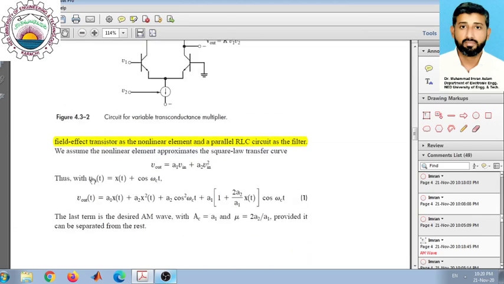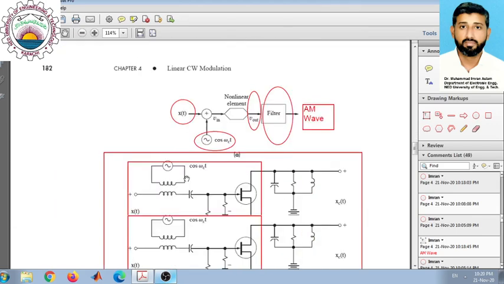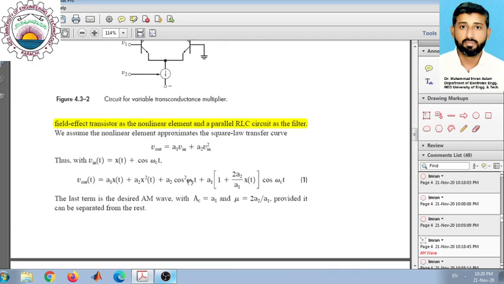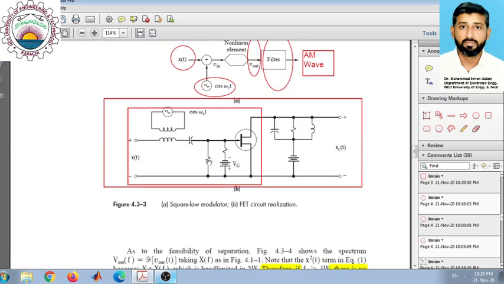The first step is the addition here, which is shown here. So this transformer performs the addition operation, and eventually this FET has the response which is shown by this expression here. This non-linear square law based response is achieved by using this FET circuitry.